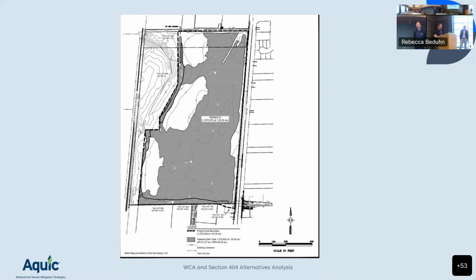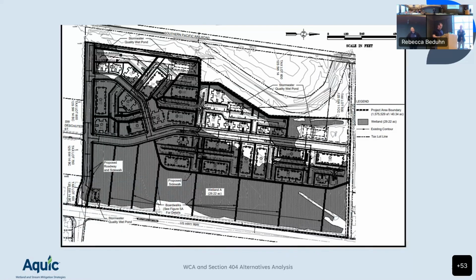So let me just read you real quick the summary. The proposed project would fill 16.64 acres of wetland to construct a development with approximately 440 multifamily residential units on 22 acres of a 40-acre site. Permanent impacts to the wetland would be from the development buildings and parking, stormwater facilities, new roads, and elevated boardwalks.